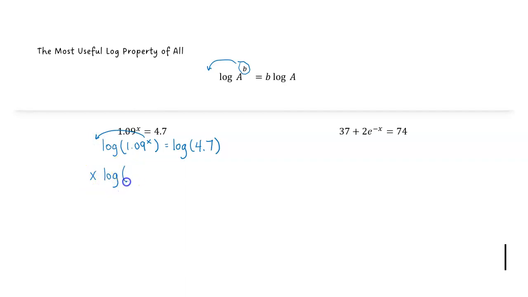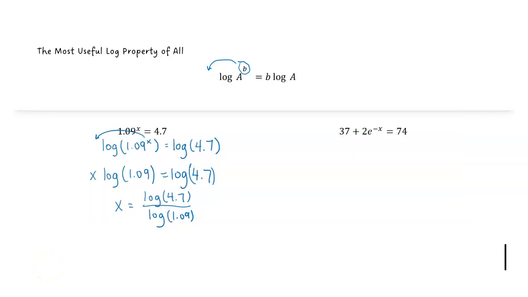Now I'm going to use the log property that says I can bring that x down in front. So I have x times log of 1.09 equals log of 4.7. And then I can solve for x by grabbing x equals log of 4.7 divided by log of 1.09. I'm going to grab a calculator to do that.